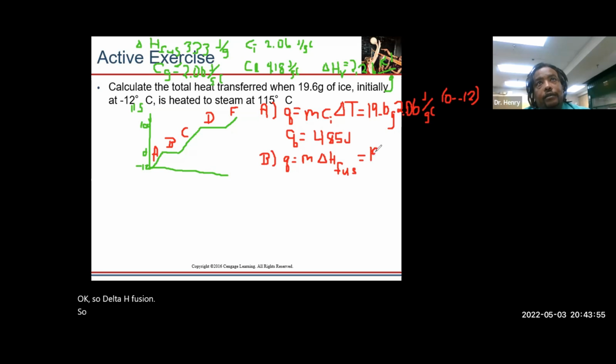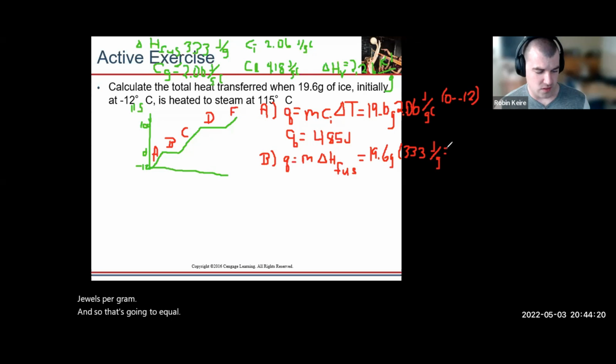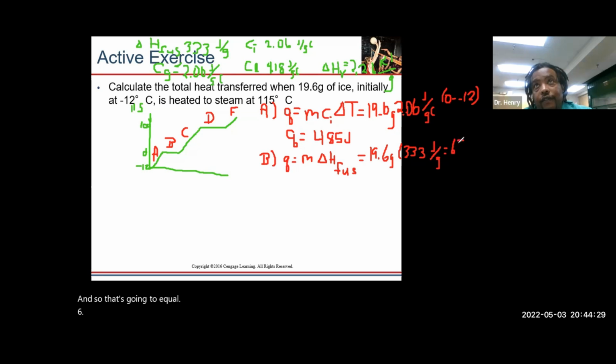So we have 19.6 grams times 333 joules per gram. And so that's going to equal 6,530 joules.